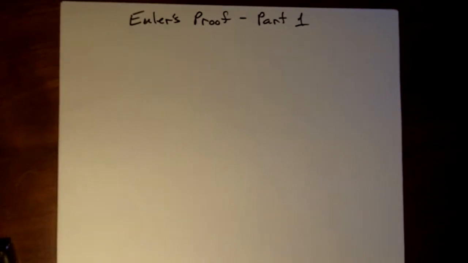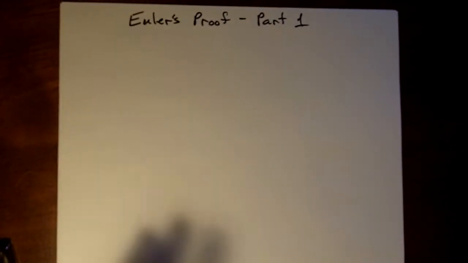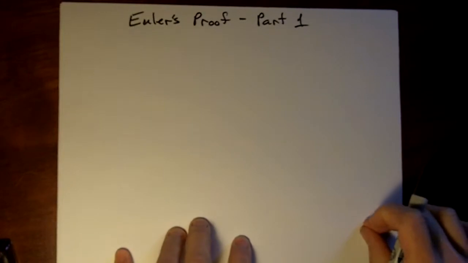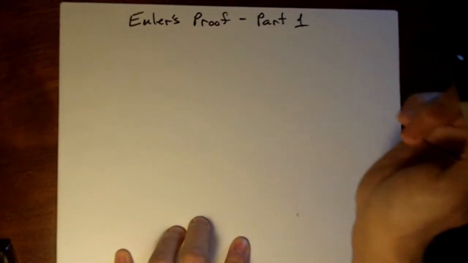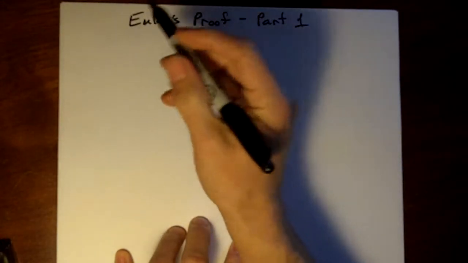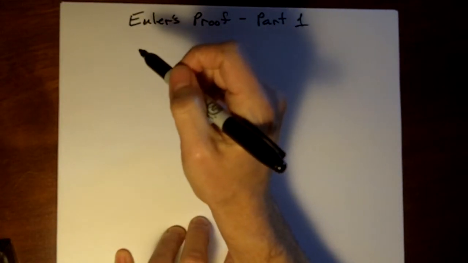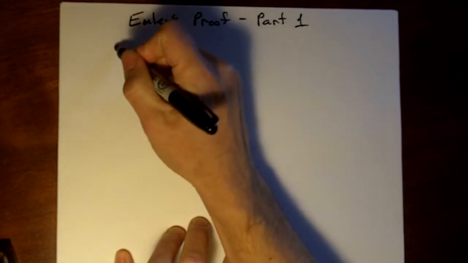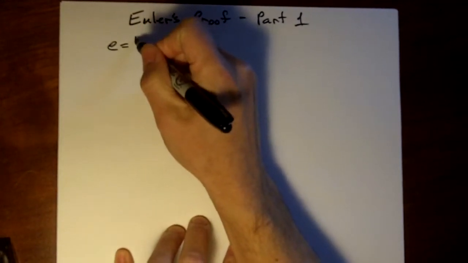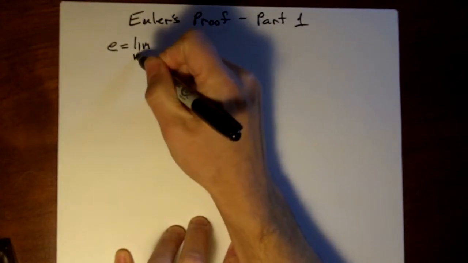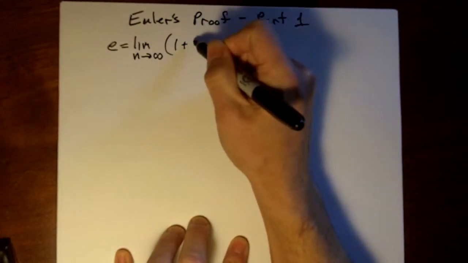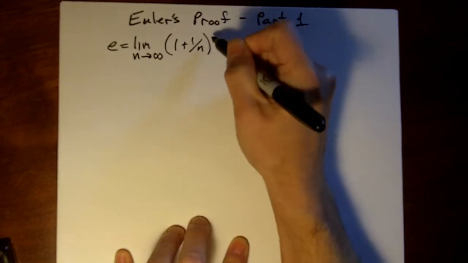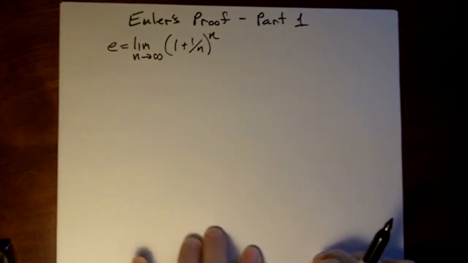Okay, so I guess we'll start with the definition of e. As you recall, Euler is the one who first invented e, and he came up with the definition: e is equal to the limit as n goes to infinity of (1 + 1/n)^n.